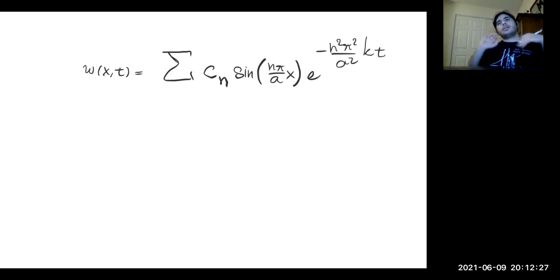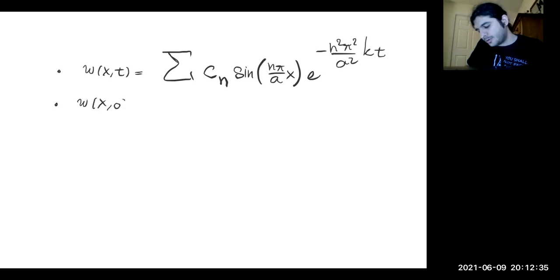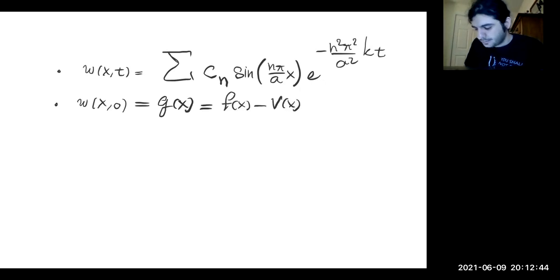Any linear combination of these things is a solution, right? On the other hand, the initial condition tells us w of x and 0 should be equal to this function g of x, which is equal to f of x minus v of x. So let's plug in this condition into the equation.